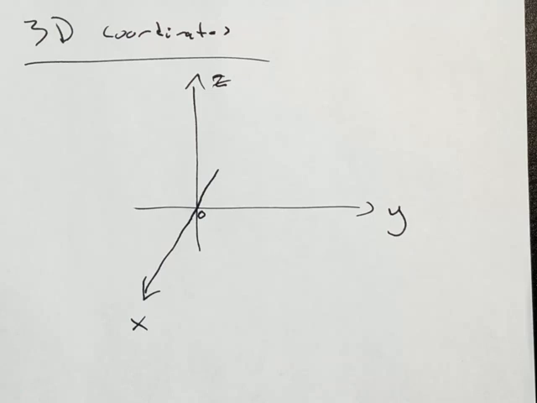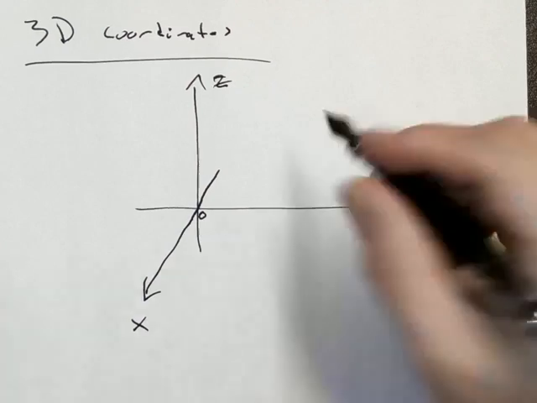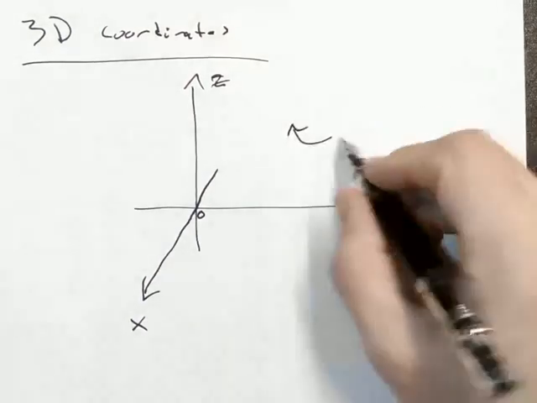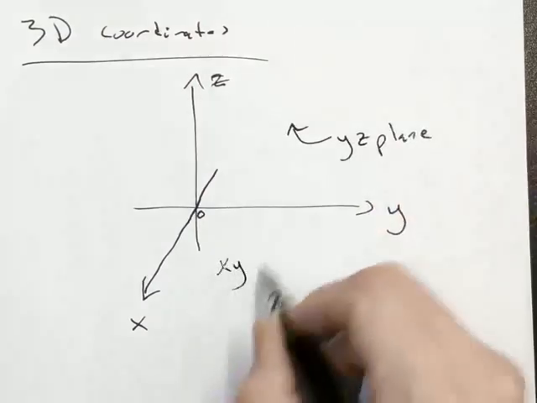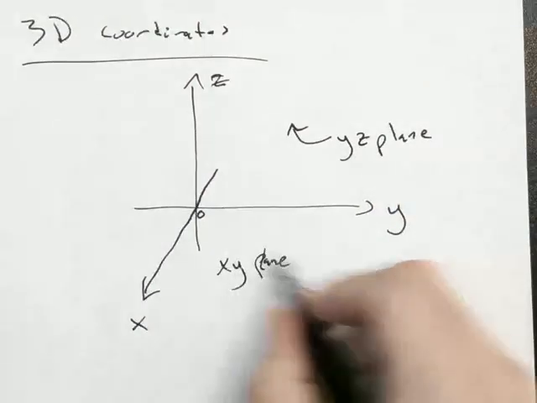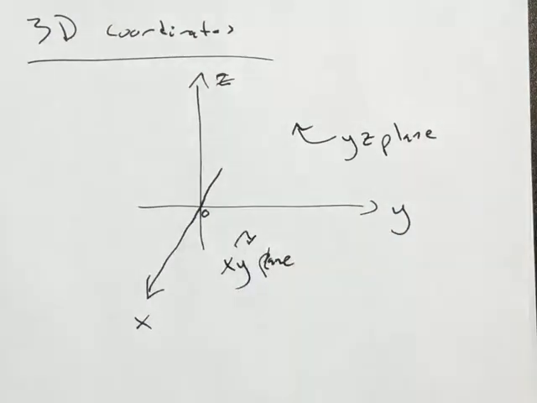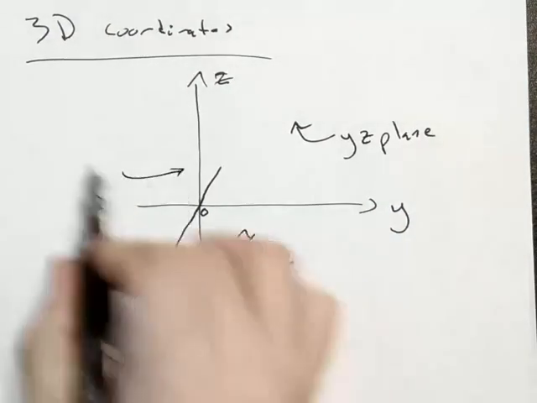The wall here at the front of the room is the surface that goes through Y and Z. So this is the YZ plane. And then the XY plane is the floor.